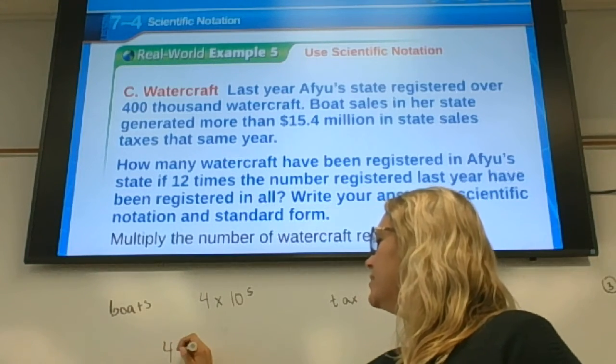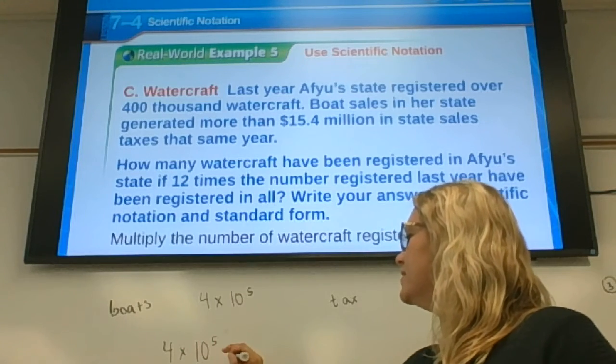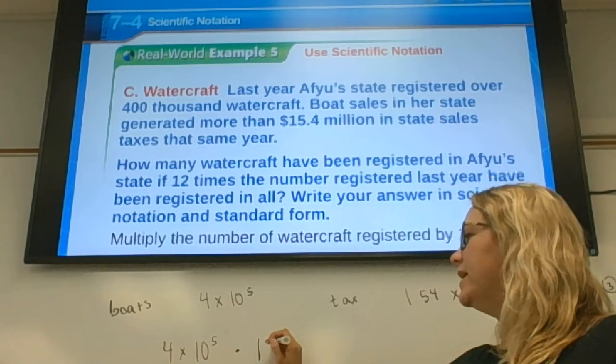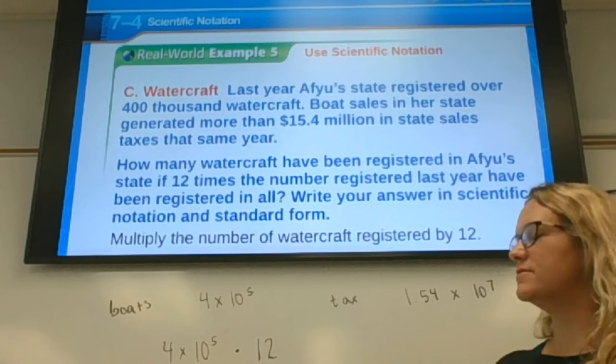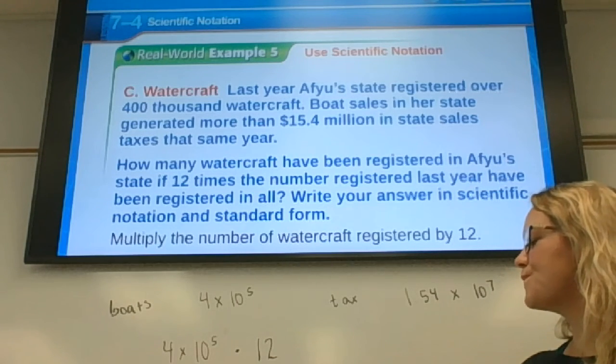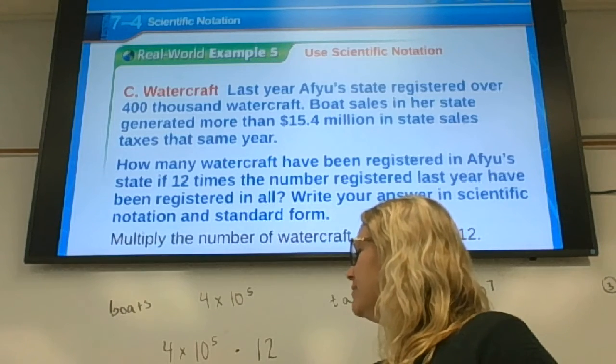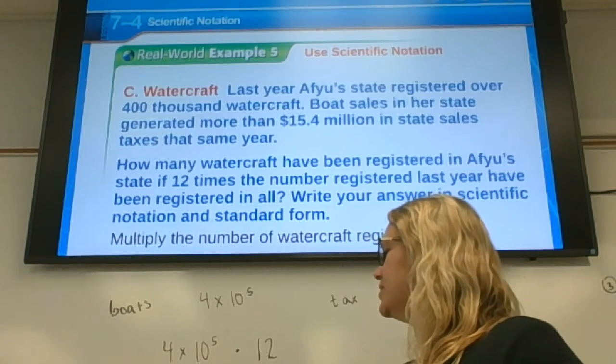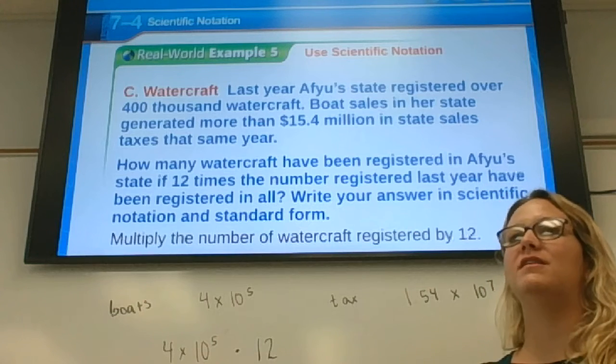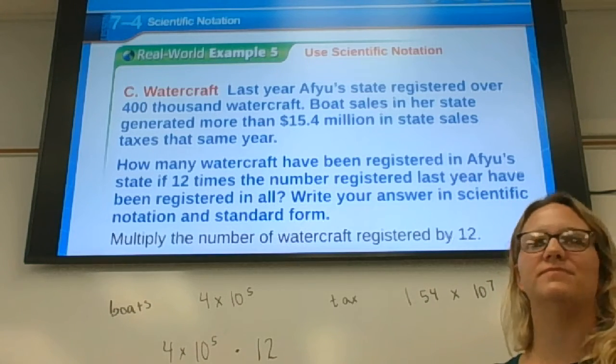So this is how many boats we have, and we need to multiply it by 12. If I really want to multiply these correctly, I want them both in scientific notation. So what's 12 in scientific notation?